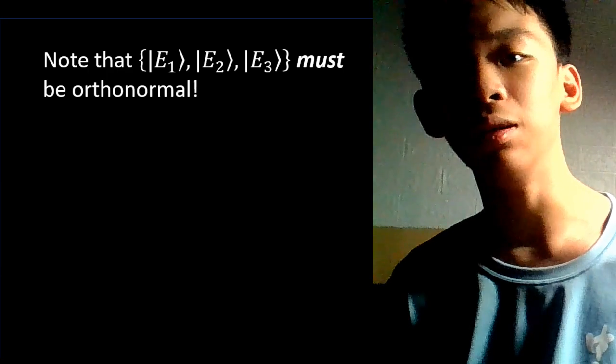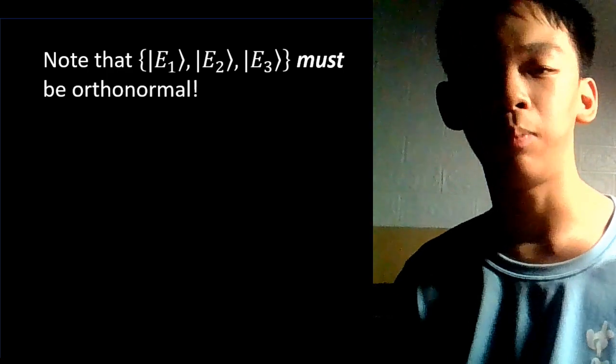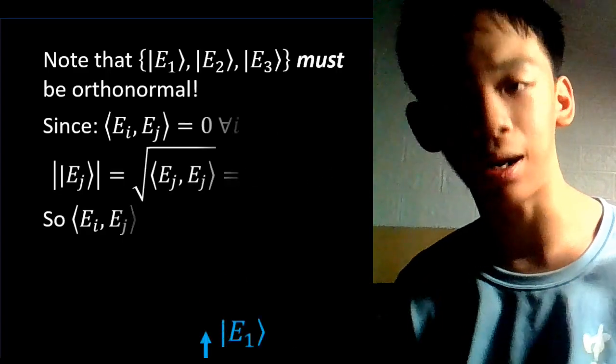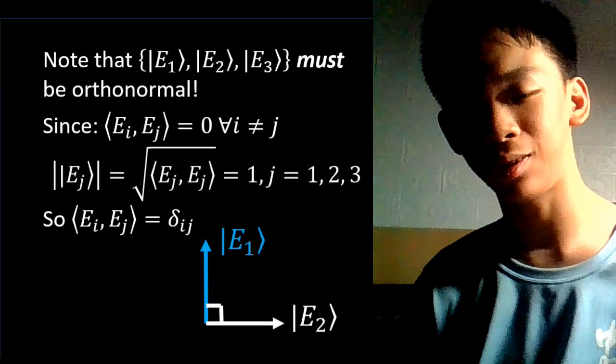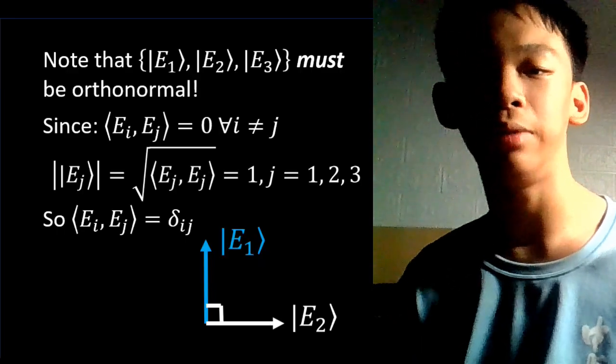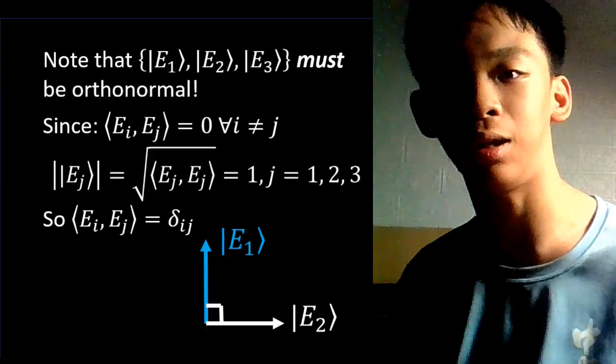Note that E1, E2, and E3 must be an orthonormal basis, since finding a basis state in another is impossible, and the norm of each state is 1 by convention. Hence the inner product of Ei with Ej is the Kronecker delta of ij.